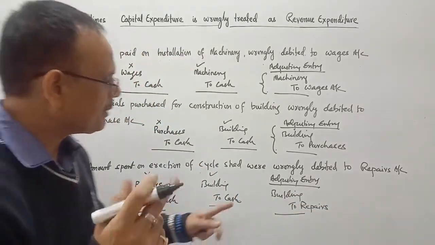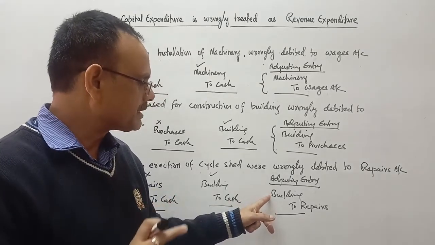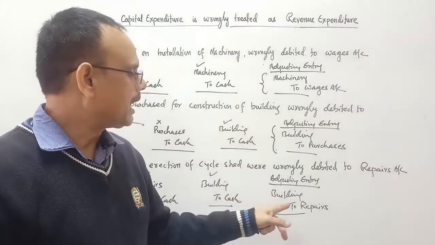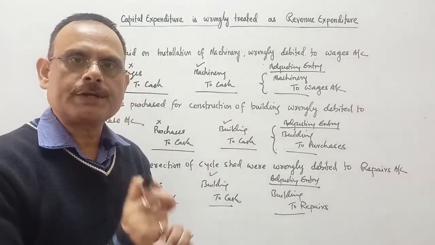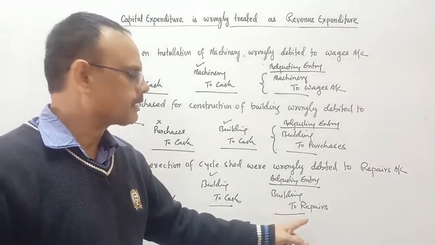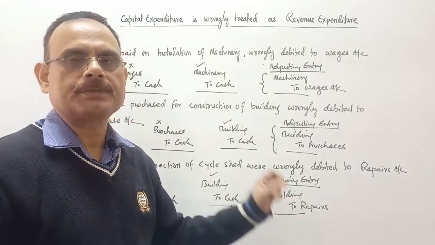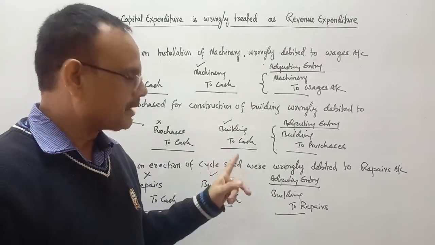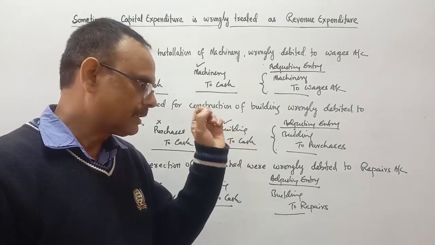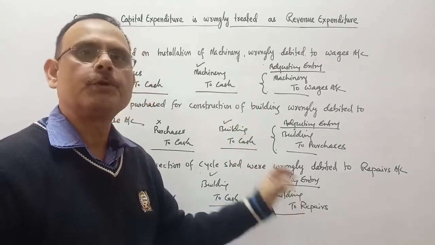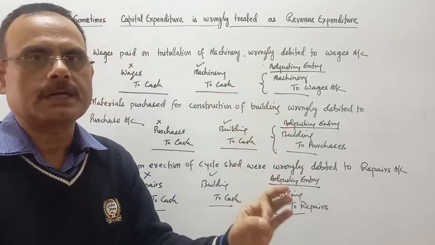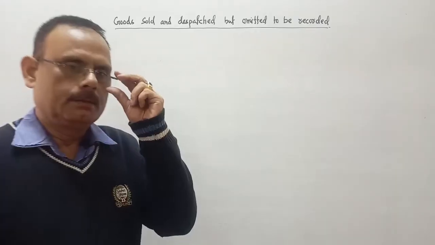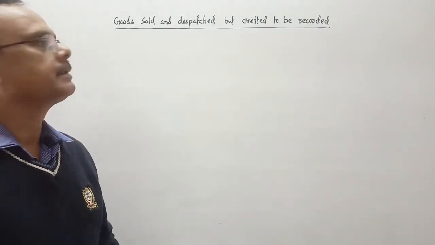So while preparing the financial statement, in balance sheet you add the amount to building, and in profit and loss account, when you write the repairs, you deduct this repair amount from the repairs given in the trial balance, on the profit and loss account debit side. Is it clear? Now see the next adjustment.